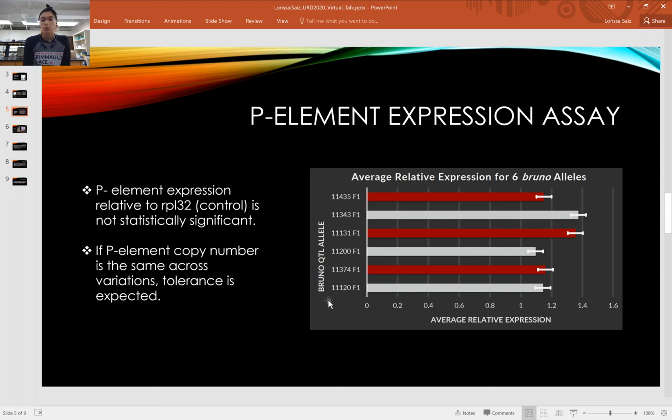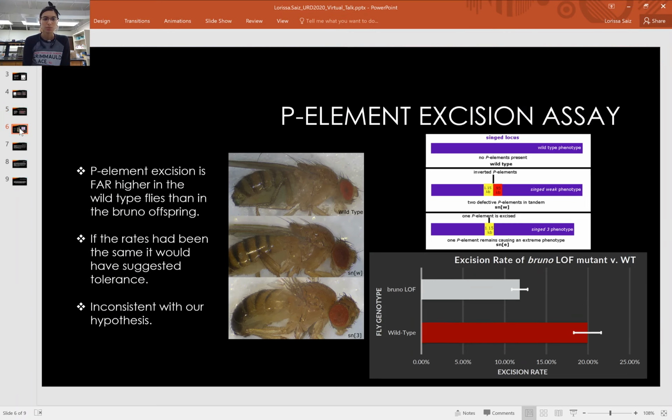So if P element copy number is not statistically significantly different than the RPL32 control across the board, then tolerance is the expected mechanism of P element silencing or P element control in Drosophila, or at least in these strains, the Bruno loss of function strains.